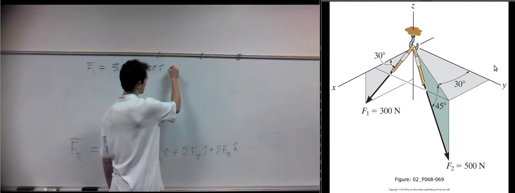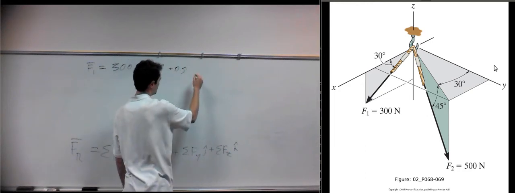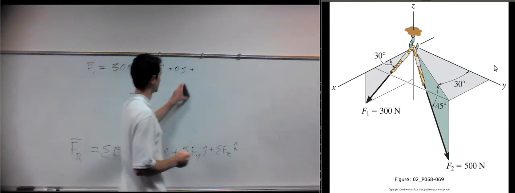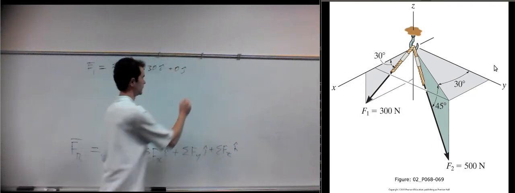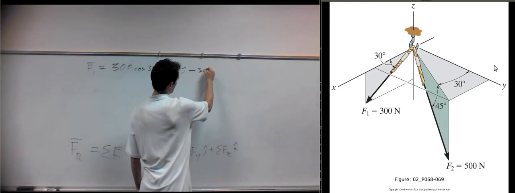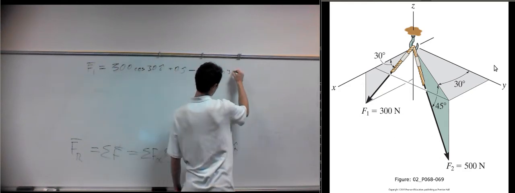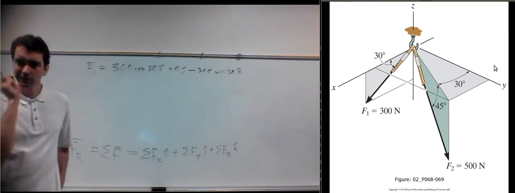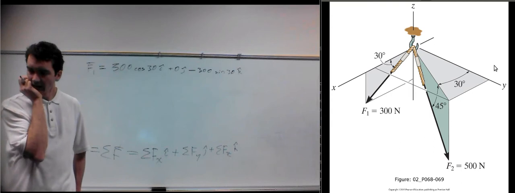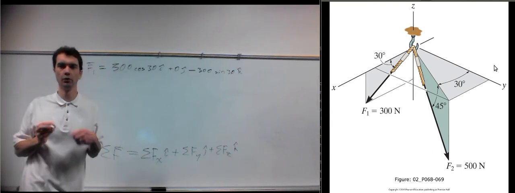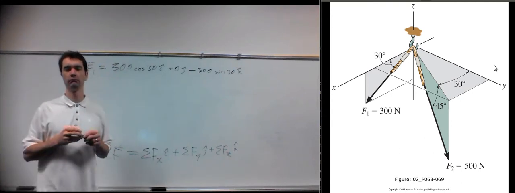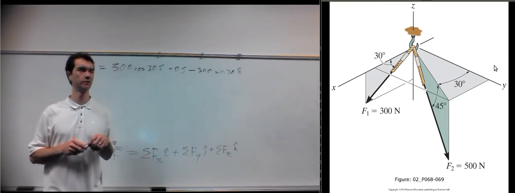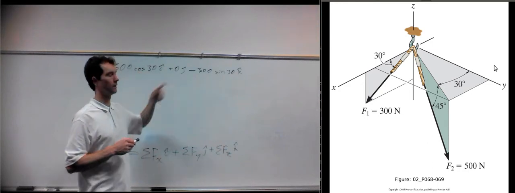It has no y component, and the z component is pointing down, so we'll just say minus 300 sine 30 k direction. I didn't calculate the numbers beforehand, and I don't think I want to bother getting out a calculator now, so we'll just leave it in this format. We won't get a numerical answer.